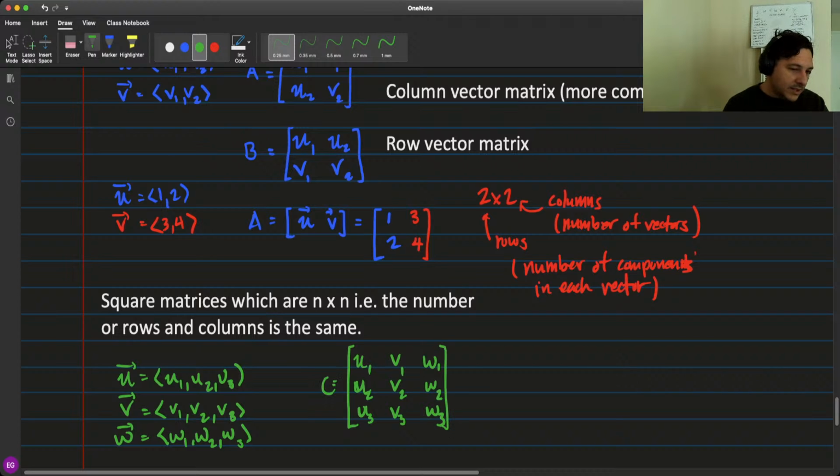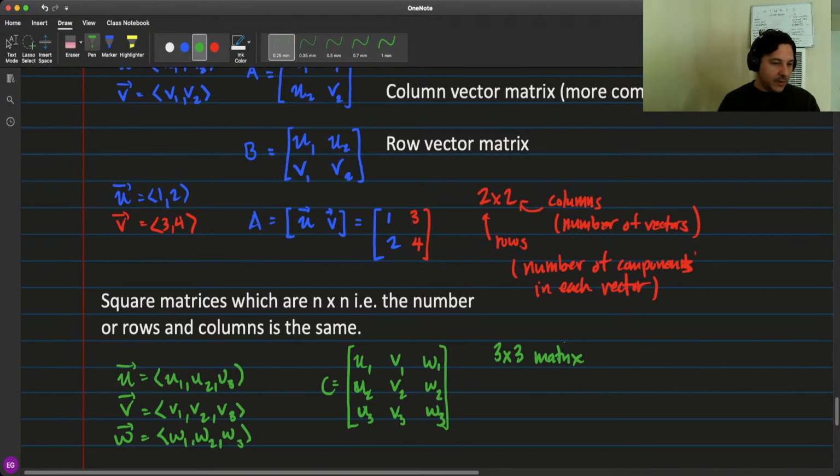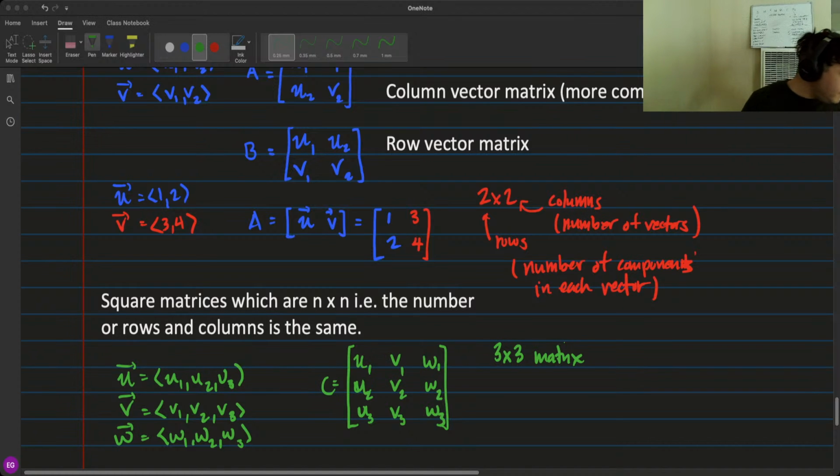We call that the matrix C. So this is a 3 by 3 matrix. Why? Because you've got your 3 rows and your 3 columns. In other words, there's 3 vectors that started with 3 components.